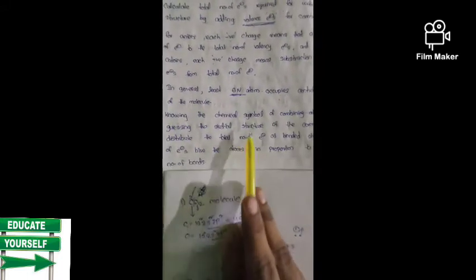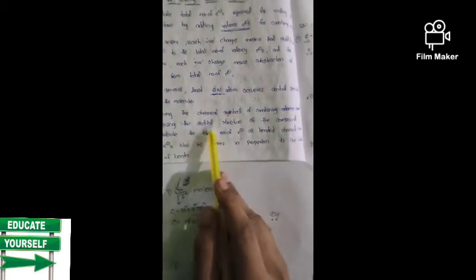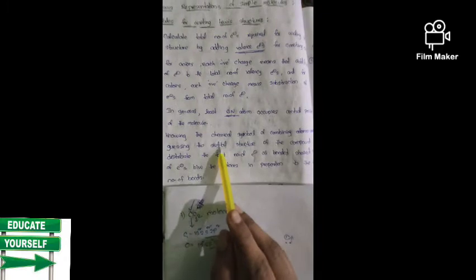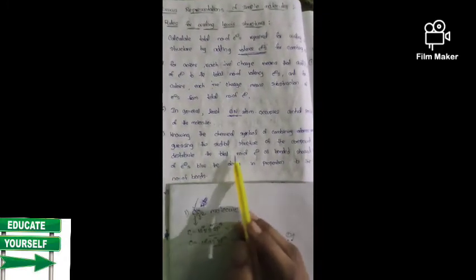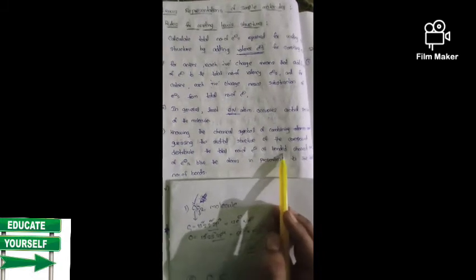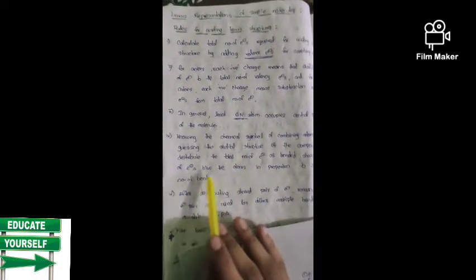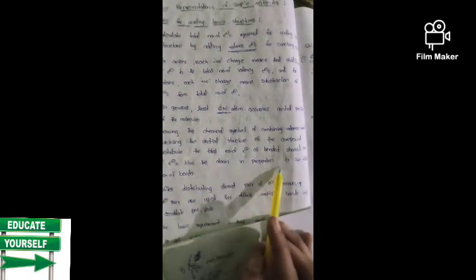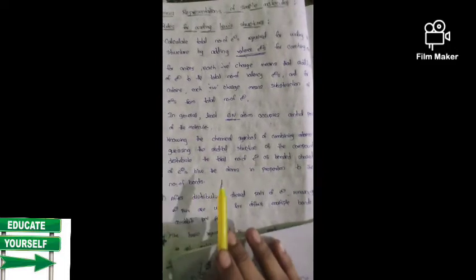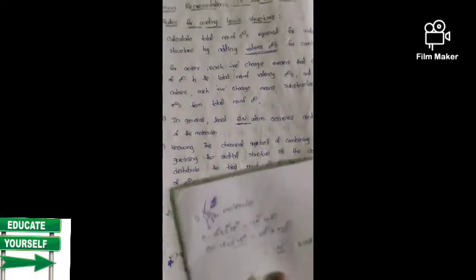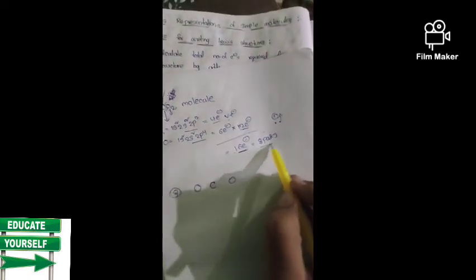Next point. Knowing the chemical symbols of the combining atoms and guessing the skeletal structure of the compound, distribute the total number of electrons as bonded shared pairs of electrons between the atoms in proportion to the total number of bonds. Here we got a total of 8 pairs, right?